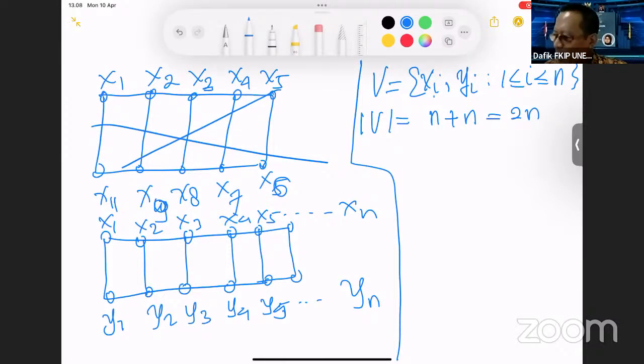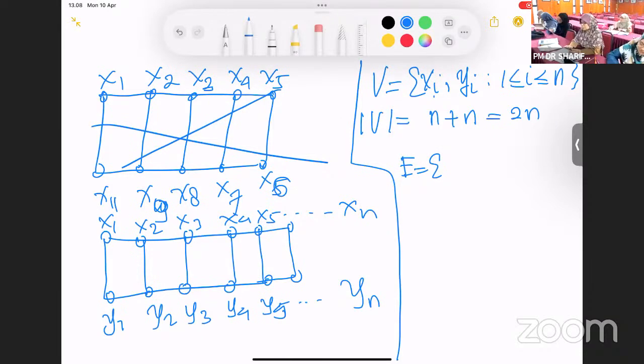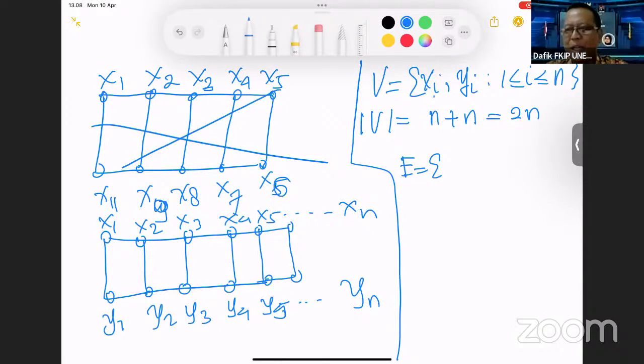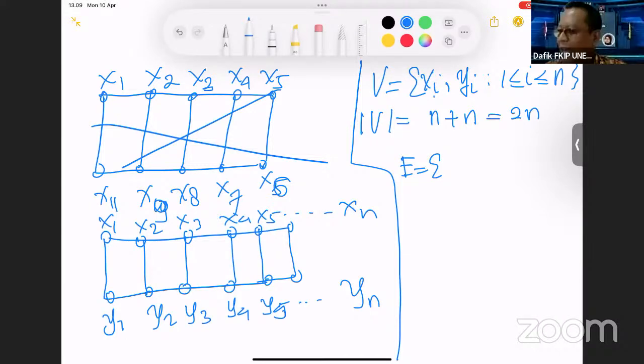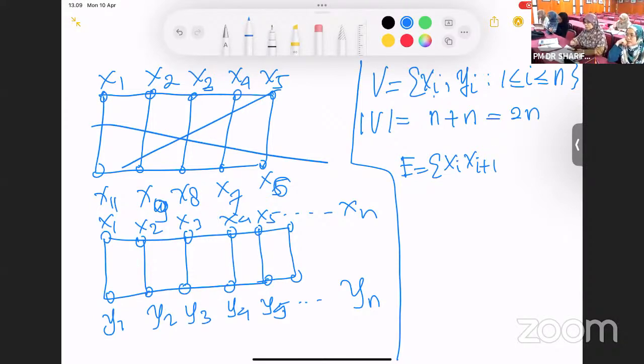Now, what about the edge set? The edge set is a little bit more complex now. Can you see? What about the edge set? xi yi, xi xi plus 1, and then yi yi plus 1.